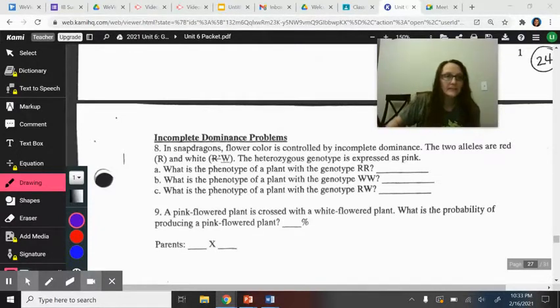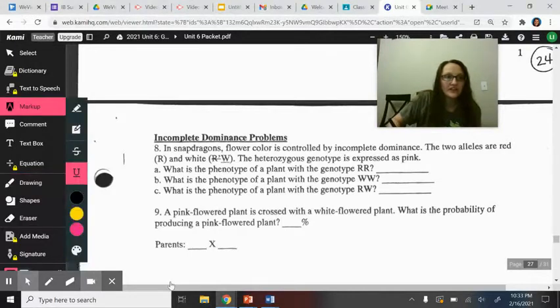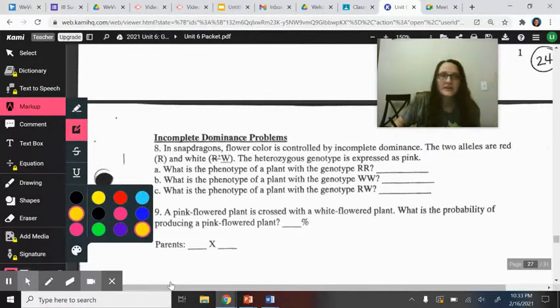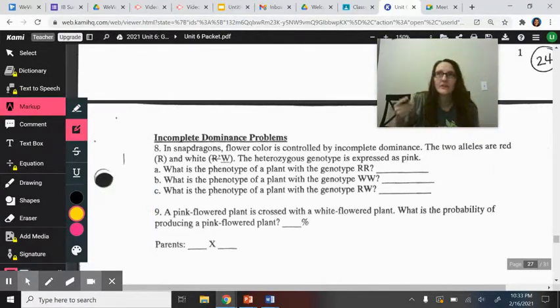Anytime that I am first learning something, or if I'm reading a word problem or practicing, I like to use my highlighter or underline to help me.